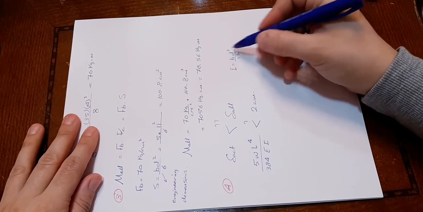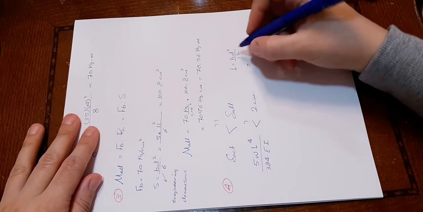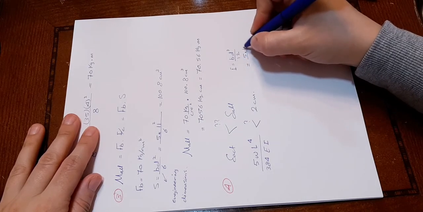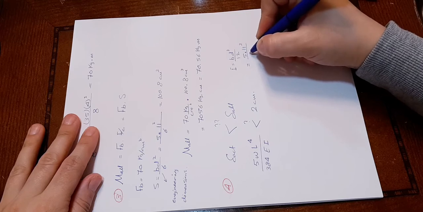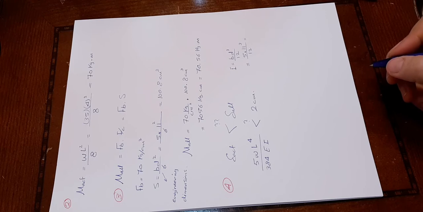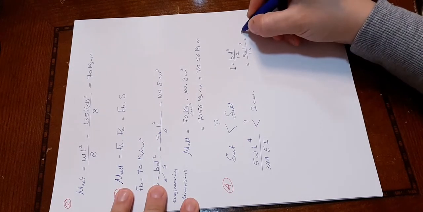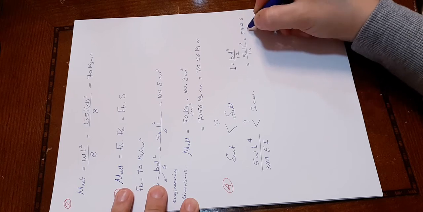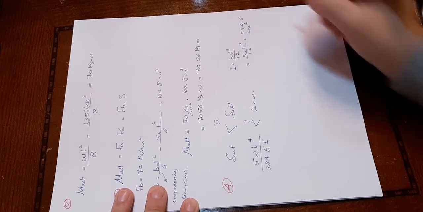Again engineering dimensions, B 5, D 12, so 5 times 11 cubic over 12. So the moment of inertia for this cross section is 546 centimeter to the power 4.